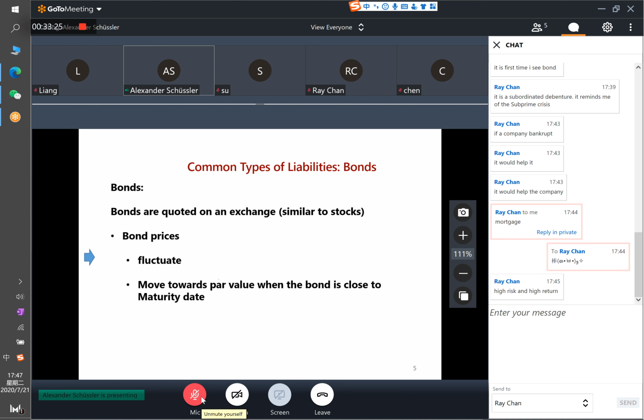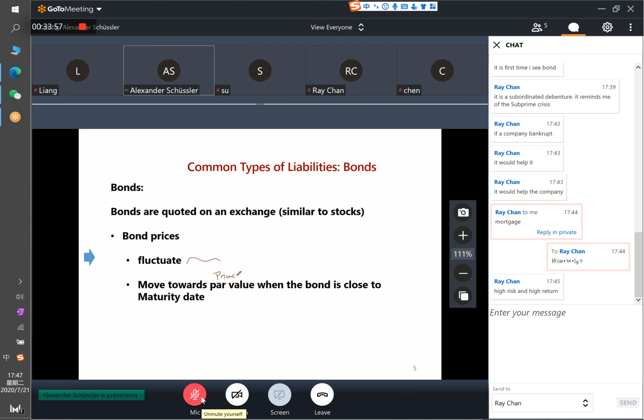Bonds are quoted on an exchange, similar to a stock. And bond prices fluctuate, so they move up and down. And they move towards the par value. The par value is the principal. When the bond is close to the maturity date.